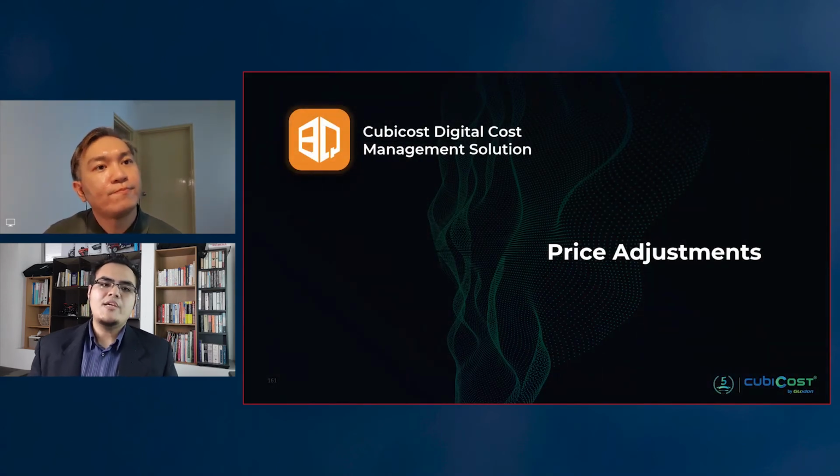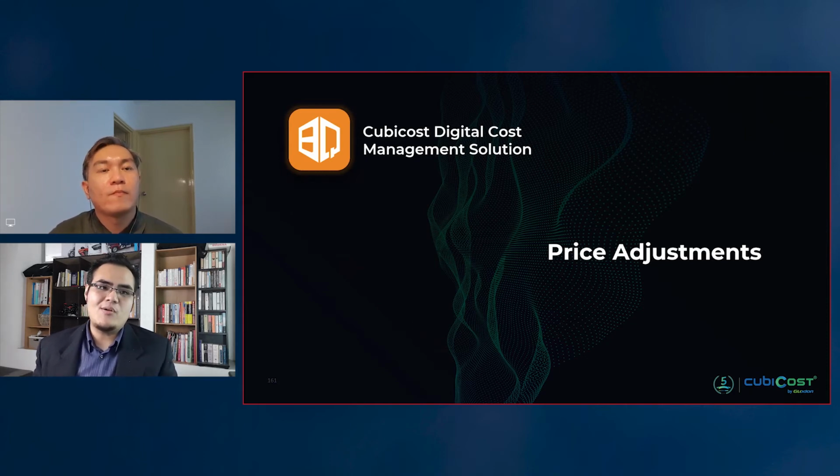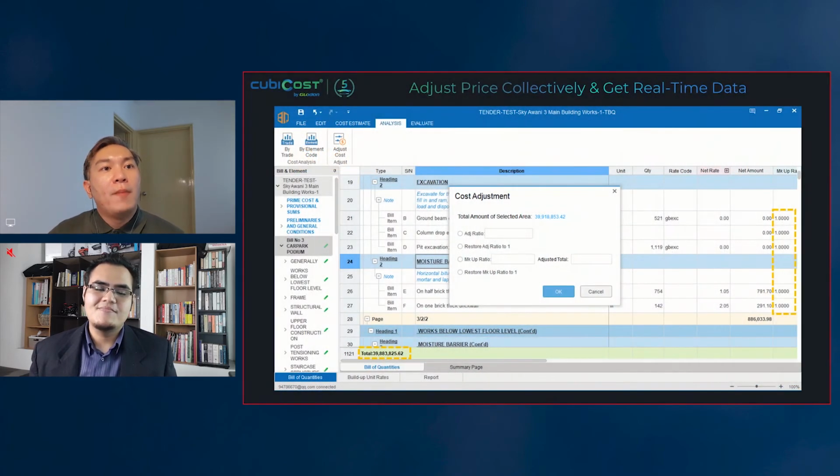So, junior QS or executive level staff can now link rates and analyze the price and eventually pass it on to their contract manager or senior QS for checking and adjustment. Yes, basing on the analysis data, management can easily strategize and decide how much profit margin to pump in.